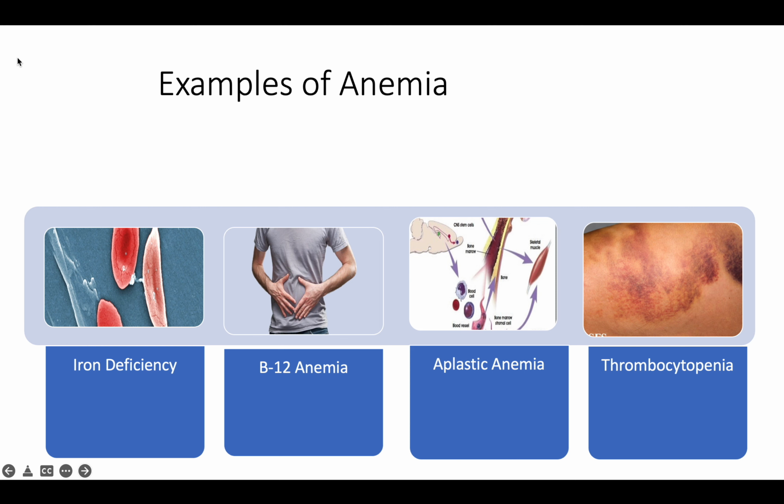So the symptoms with a patient with B12 anemia can be different than a red blood cell anemia. And this is because demyelination can occur with pernicious or B12 anemia.